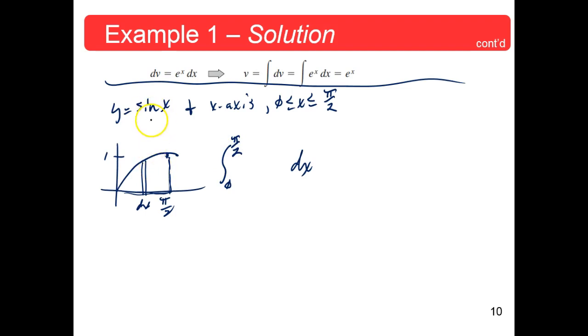And this curve, of course, is the sine curve. So it's the integral of sine x times dx. The height times the width. The height is sine x. The width is dx. All right. So, this is the area. And what is that area? And the derivative of sine?